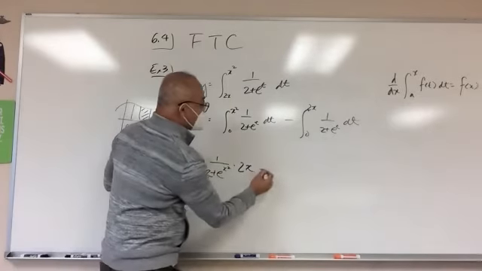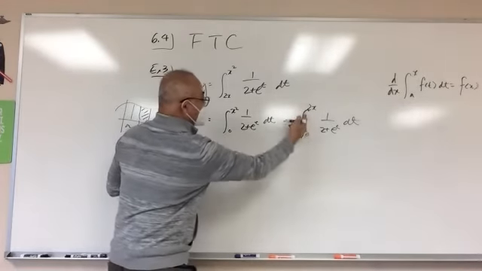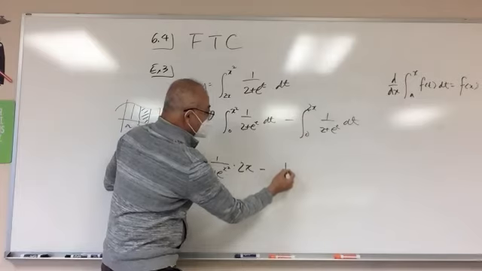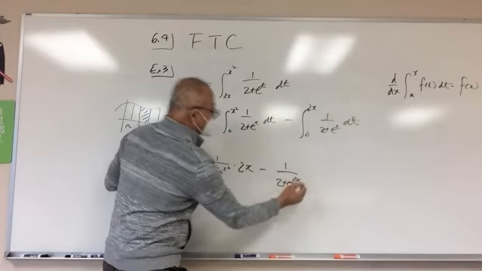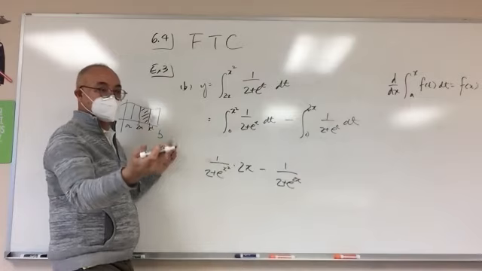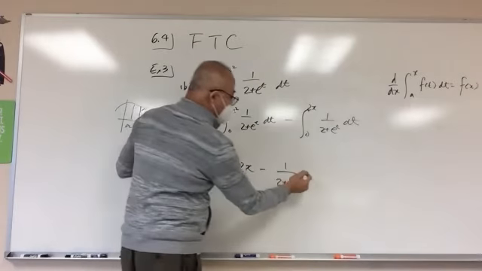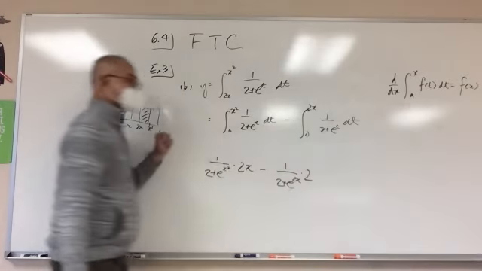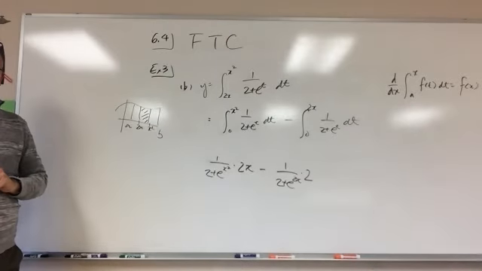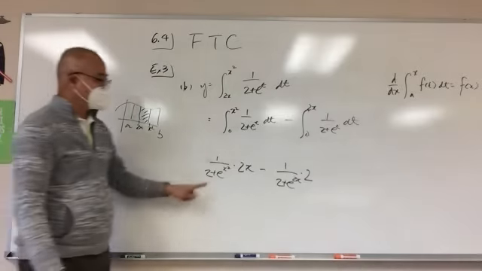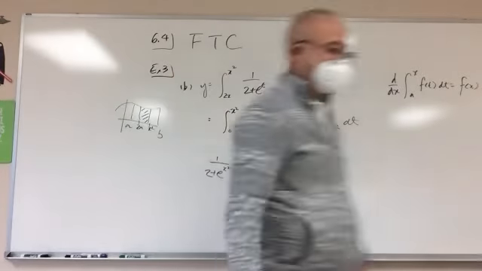Then I'm going to subtract this guy, which is 1 over 2 plus e to the 2x. Then again, I have to do the chain rule. So there's a 2 there. Okay? Kind of not so easy, not so easy, right? Real tricky.